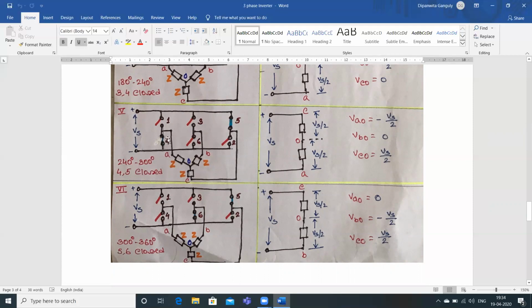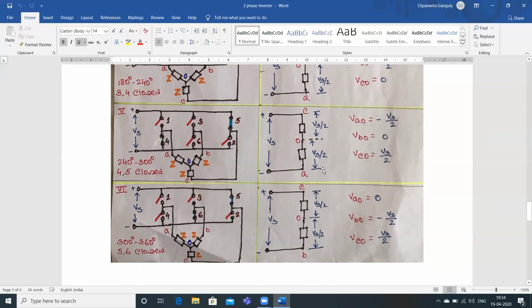So we can represent this power circuit diagram like this. Here this is my source voltage Vs. C is connected with the positive terminal via switch 5 and A is connected with the negative terminal via switch 4. So the voltage developed across AO is equal to minus Vs by 2, as A is connected with the negative terminal.